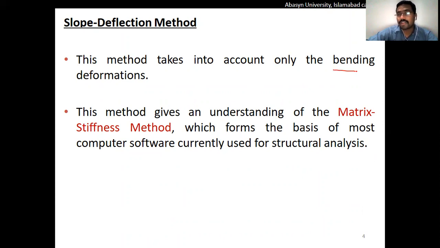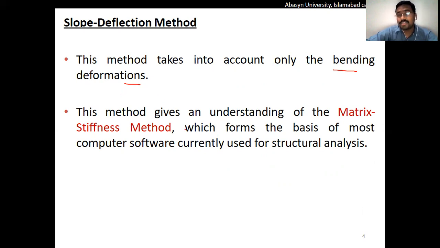He did not cater for other deformations like deformations due to creep, shrinkage, or shear. He took into account only the deformation coming from bending, or in other words, the deformation that occurs due to gravity loads only. It doesn't take into account lateral displacement or lateral deformations.